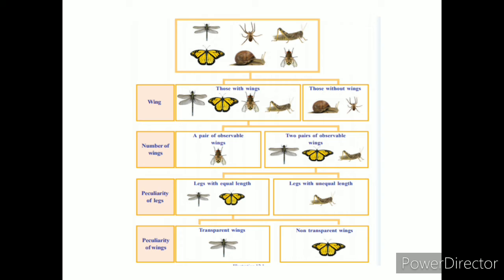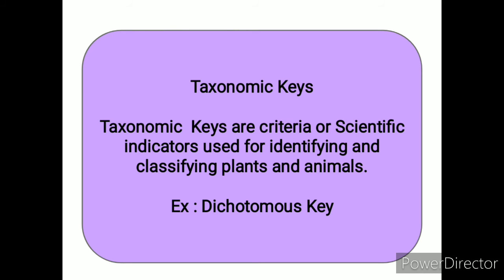Such criteria used for classifying and identifying plants and animals are known as taxonomic keys.